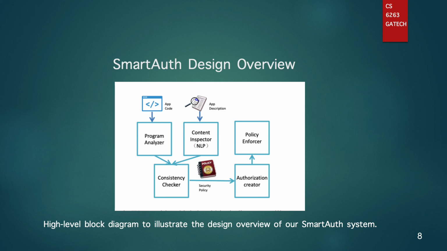Now, let's talk about the SmartAuth design. This is a high level block diagram of the SmartAuth system. As you can see there, it has a program analyzer, a content inspector using natural language processing to inspect the app description, a consistency checker, a security policy authorization creator, and a policy enforcer.